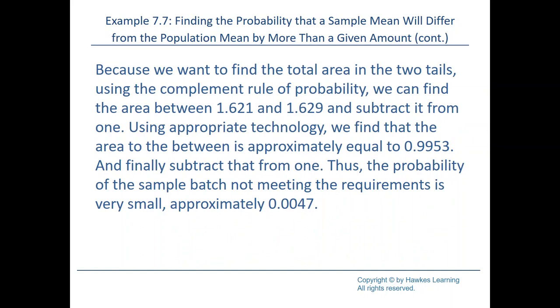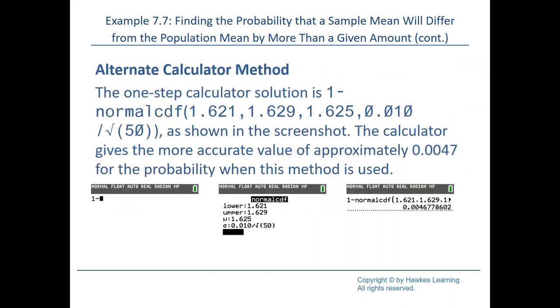In order to do this, do understand that you're still going to get an answer, but it is a little small, but it makes sense because we're dealing with screws, so we don't want our probability to be that off. But when you do this in one step in the calculator, be sure to start with the 1 minus, as I show here in that first screen on the calculator.